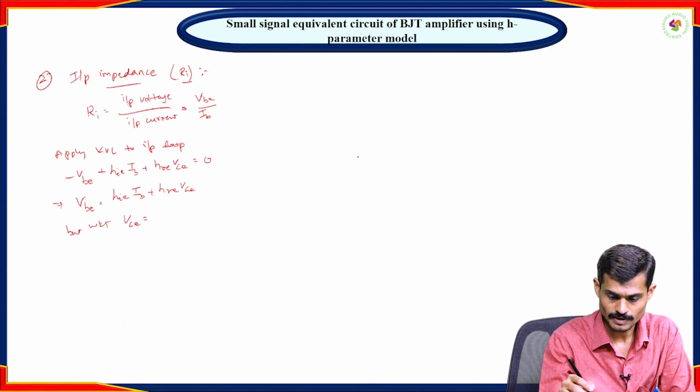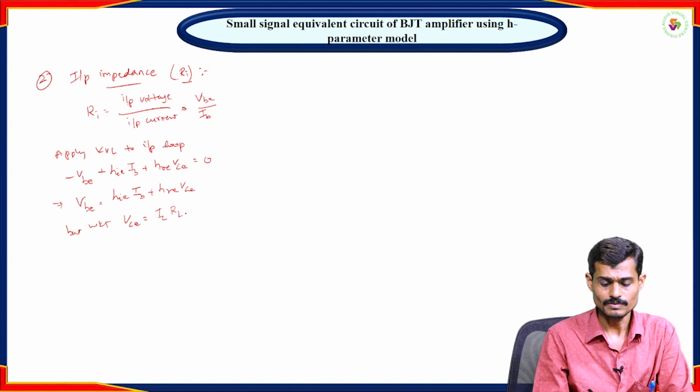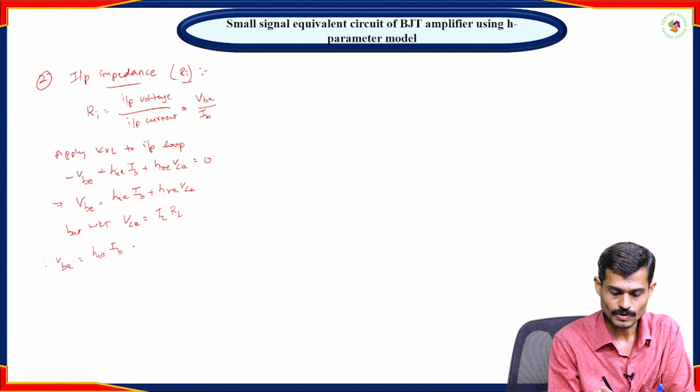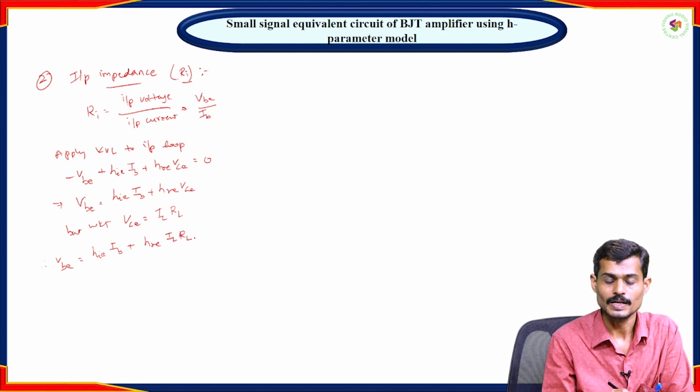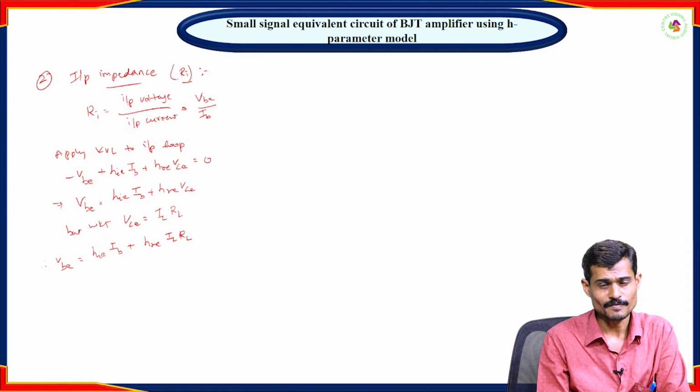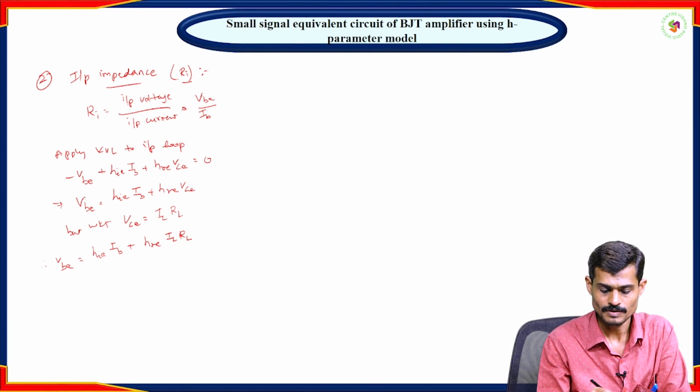So therefore VBE is equal to HIE into IB plus HRE into IL into RL.